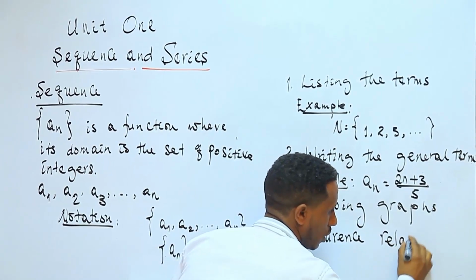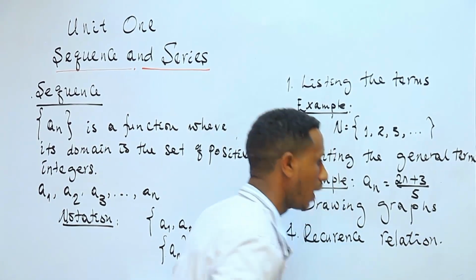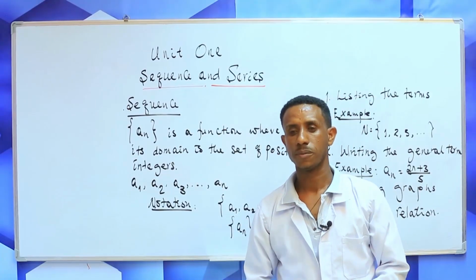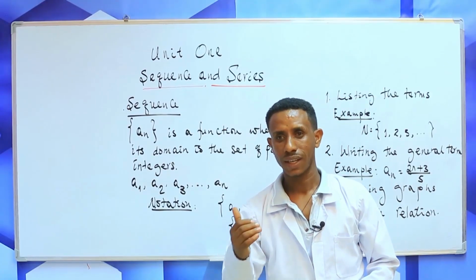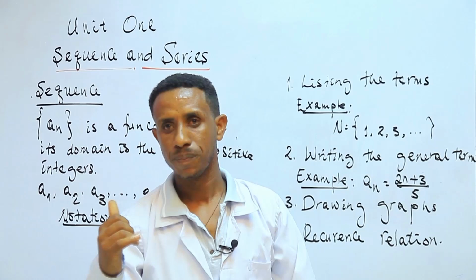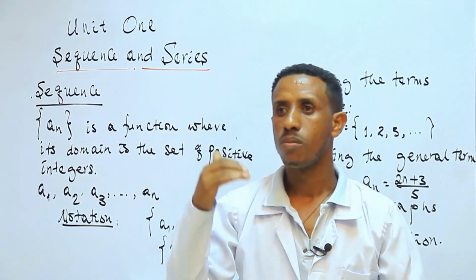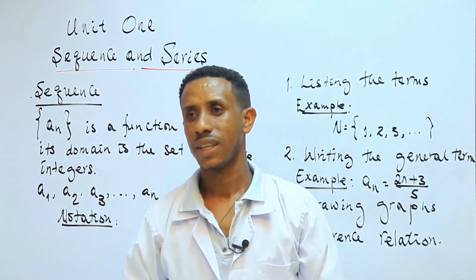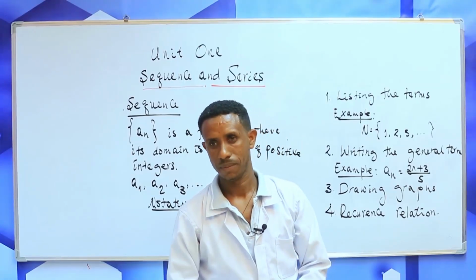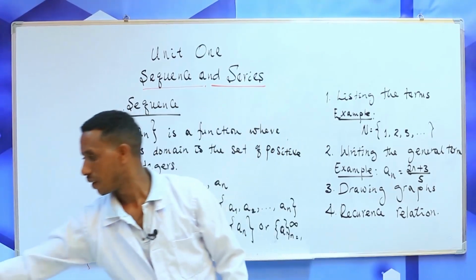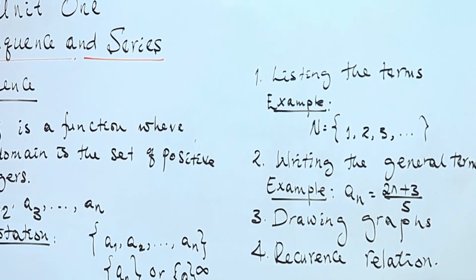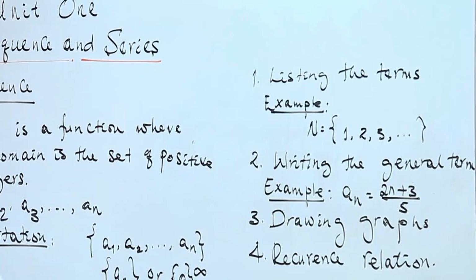We will define this well in our next session. A recurrence relation is a general formula that relates a general term to one or more terms that come before the general term. We will have some examples for this.